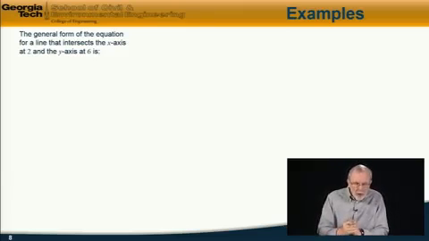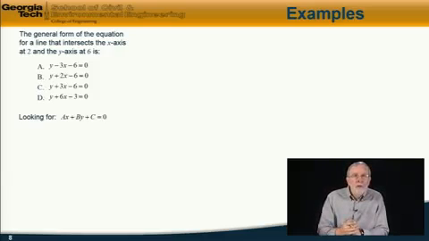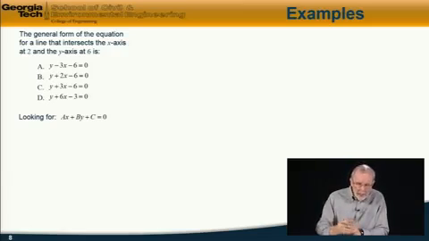Last example, the general form of the equation for a line that intersects the x-axis at 2 and the y-axis at 6 is which of these? So what we're looking for here is the general form of the equation, which is like this. ax plus by plus c is equal to 0.